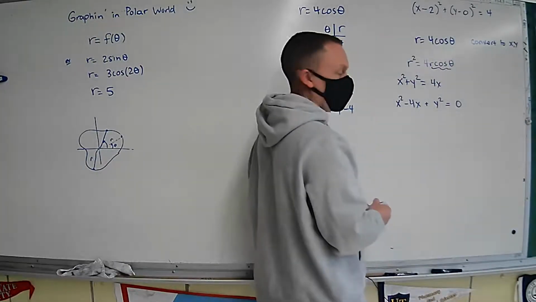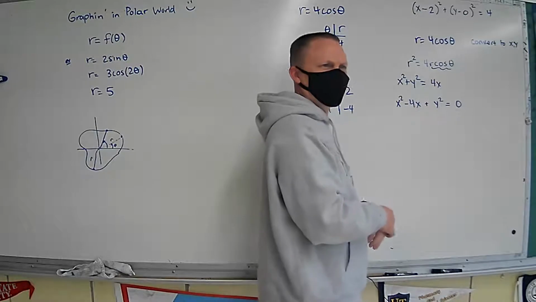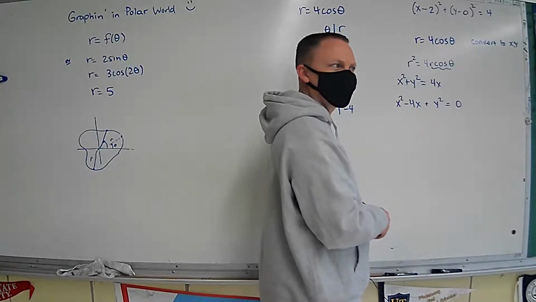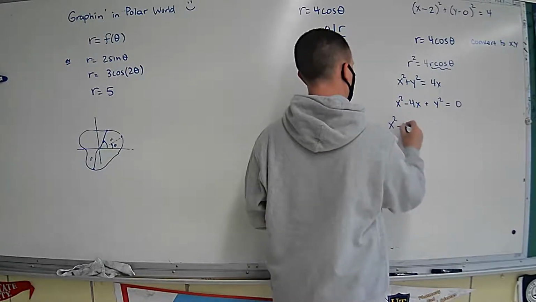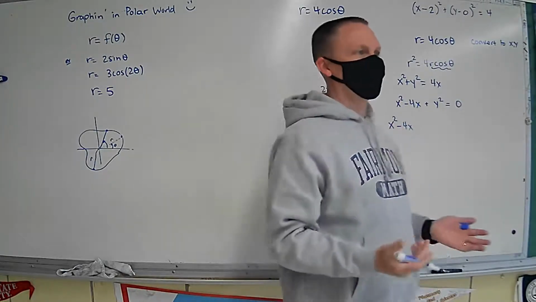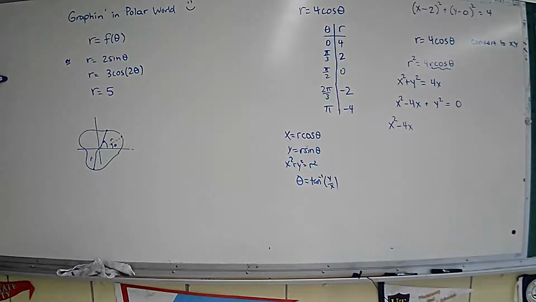Well, we'll just prove it real fast. We have to do something called completing the square. Completing the square is basically taking a quadratic that doesn't factor and turning it into a perfect square. That's what completing the square is.